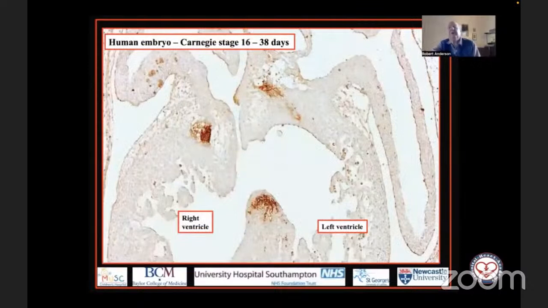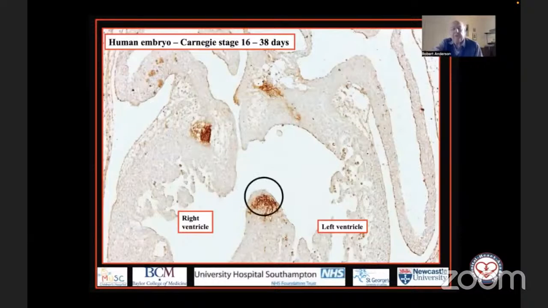So how do we know that there is remodeling of this primary ring? We know that because we can chart what happens to the ring that has been demonstrated by the nodose ganglion of the chick. So this is another human embryo that we stained using the nodose ganglion of the chick, but this time we're at Carnegie stage 16. 2 days have passed, about 4, now we're 38 days.